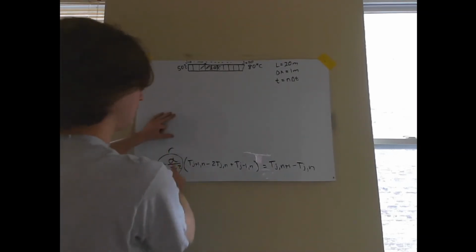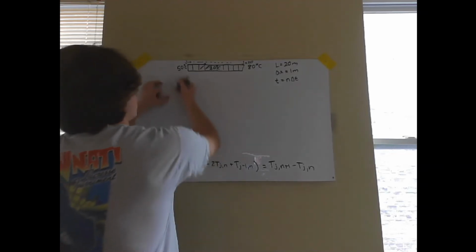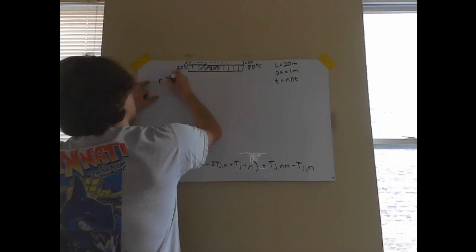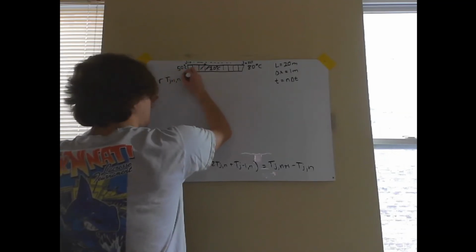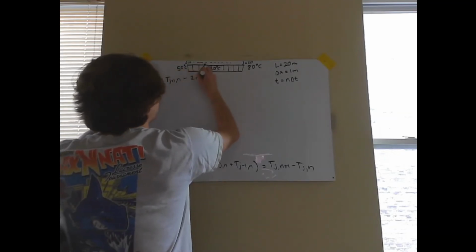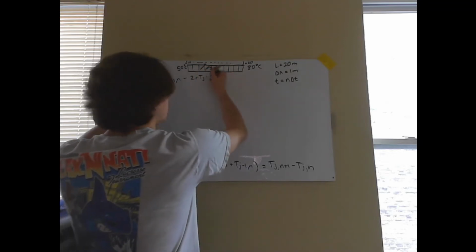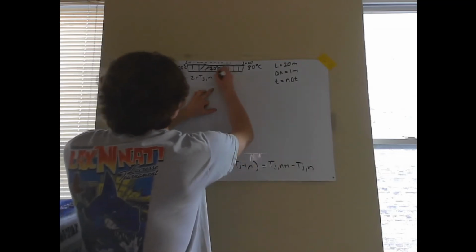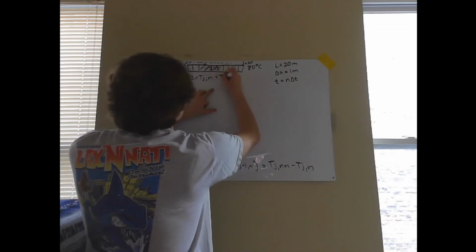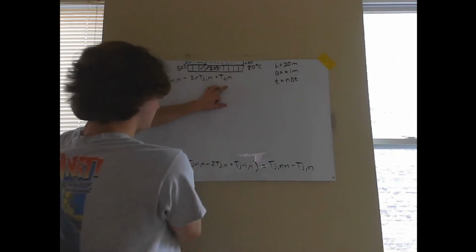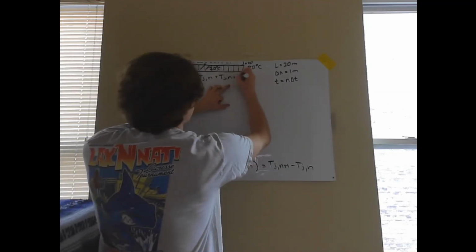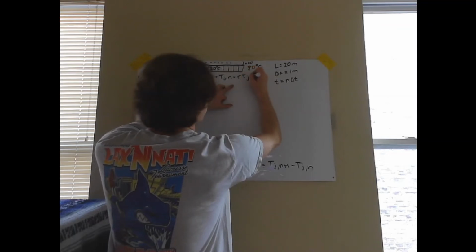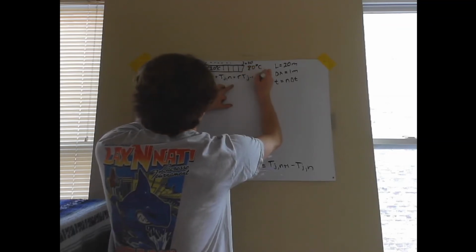So I'm going to go ahead and get myself a little bit more room. And I'm going to go ahead and distribute r out across the left side of the equation. So it'll be r times tj plus 1 at n minus 2r times tj at n. We can move this term to the left side of the equation. So it'll be plus tj at n. And then again, distributing r, we'll have plus r times tj minus 1 at n.